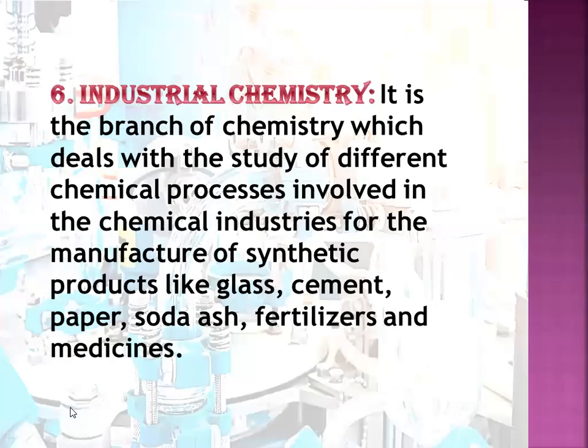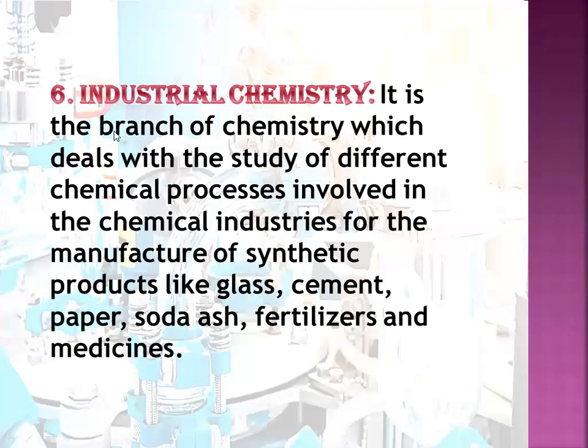Next is industrial chemistry. This branch deals with the fruitful result of chemistry in the industries. What are the chemical processes, what are the chemical compounds, how to make any chemical, you have to study everything. You make certain processes to make certain compounds, but if you want their fruitful results, you will come into industries.